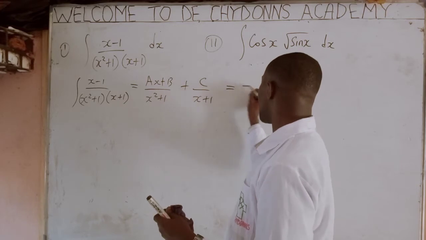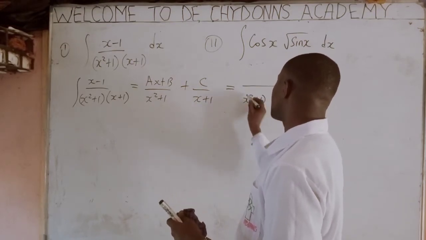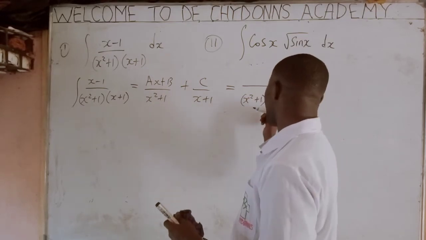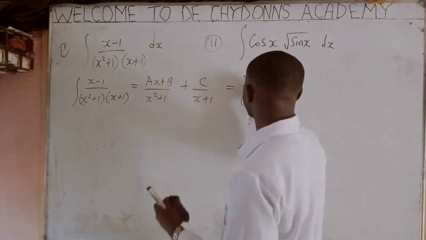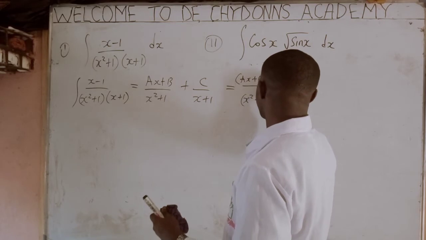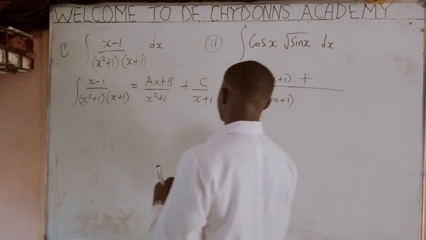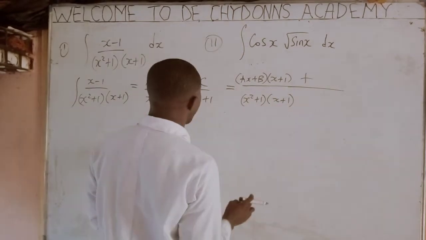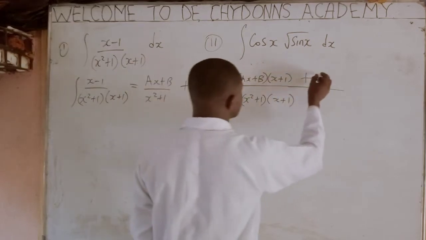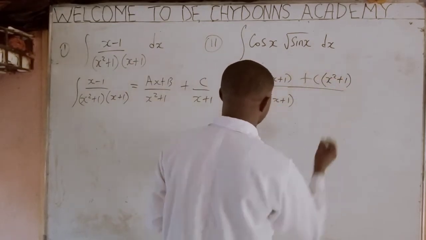We say this is equal to, look for the LCM, we have (x squared plus 1)(x plus 1). This divided by this, you have x plus 1. x plus 1 times this, you have (ax plus b)(x plus 1), plus this divided by this, you have c(x squared plus 1).